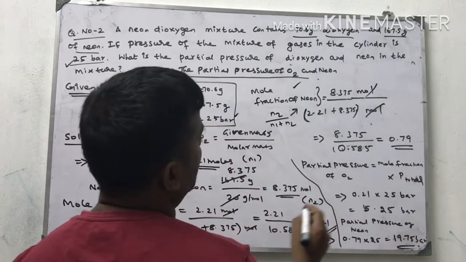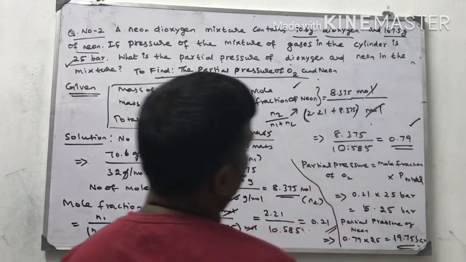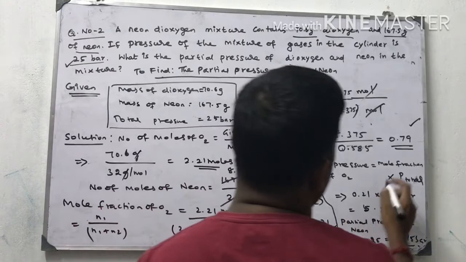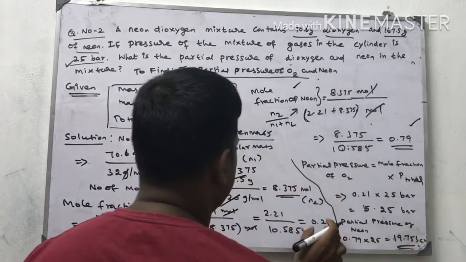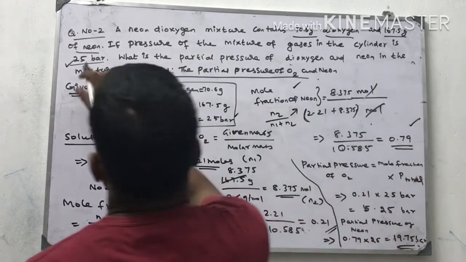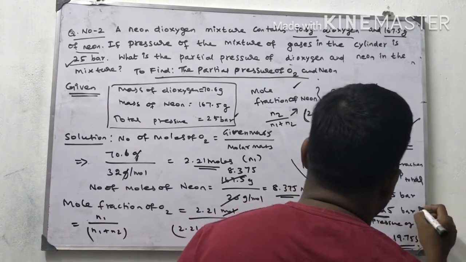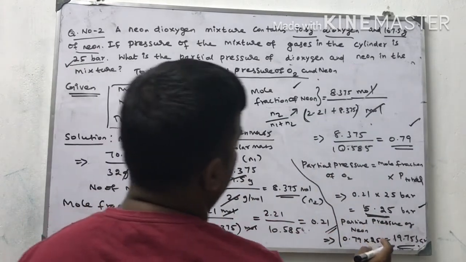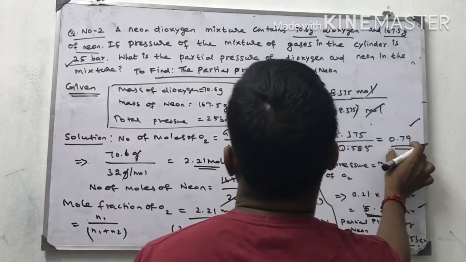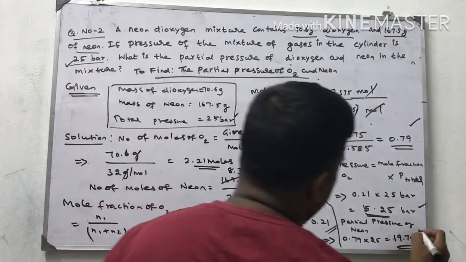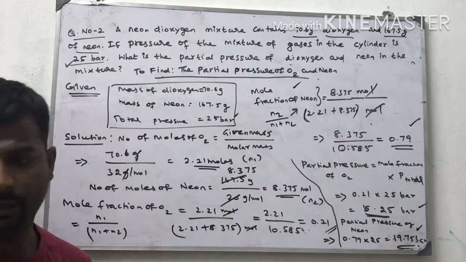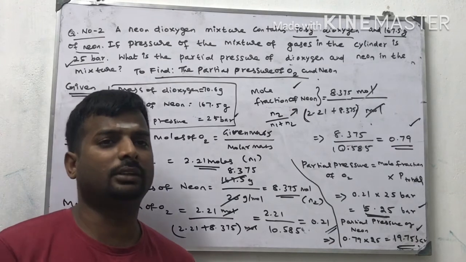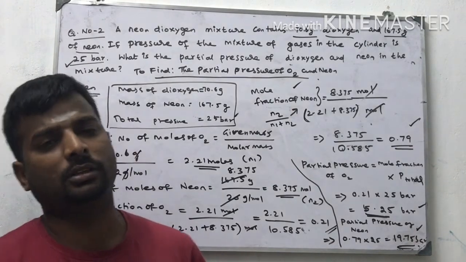You get the answer of 0.79. Partial pressure of oxygen is equal to mole fraction of oxygen, this value, into total pressure. You get 5.25 bar. Next one, partial pressure of neon is equal to this value into total pressure. You get this value. Now we have found the partial pressure of oxygen and neon. Thank you, students. God bless you.